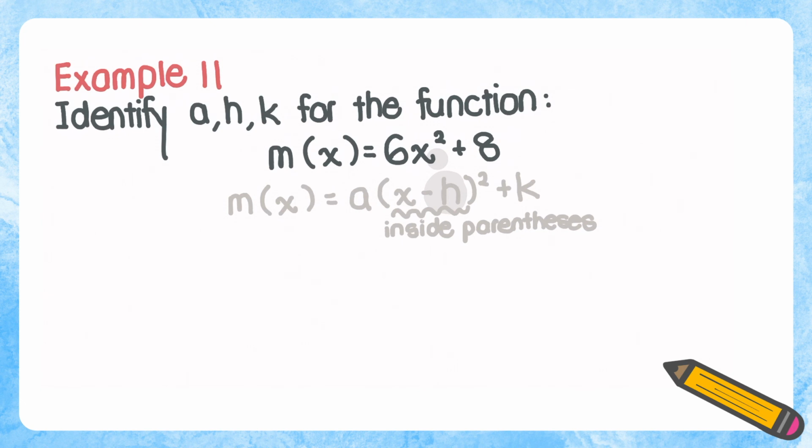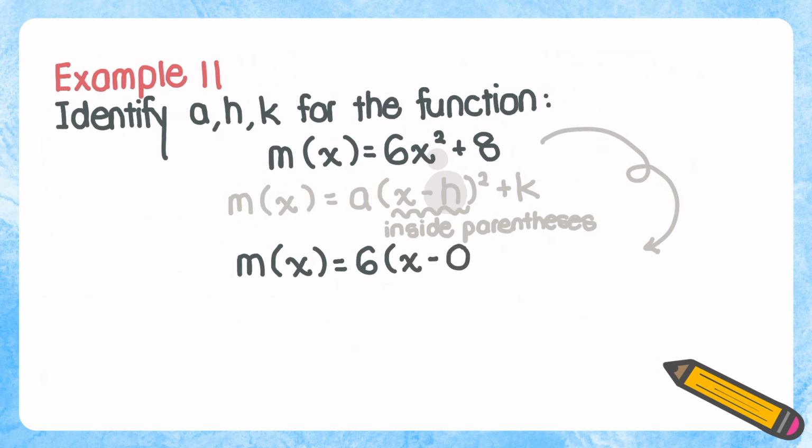So what would this look like if we rewrite it? M of x equals 6 times (x minus 0) quantity squared plus 8.